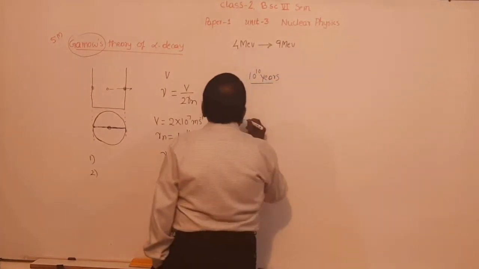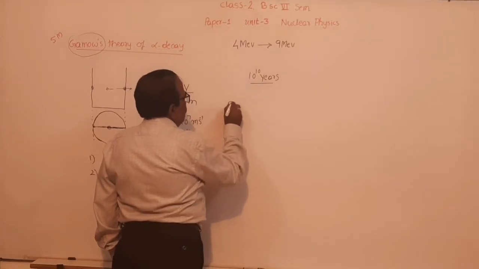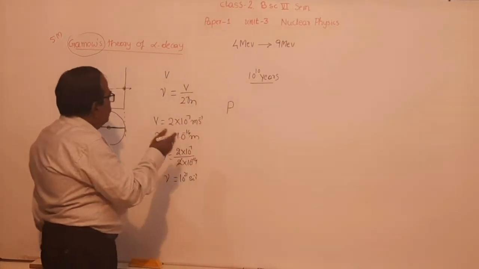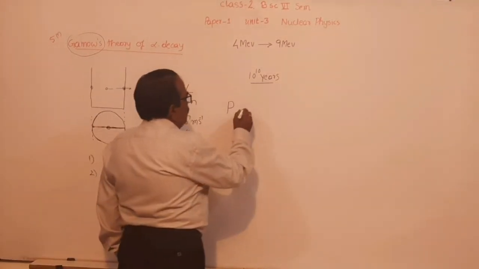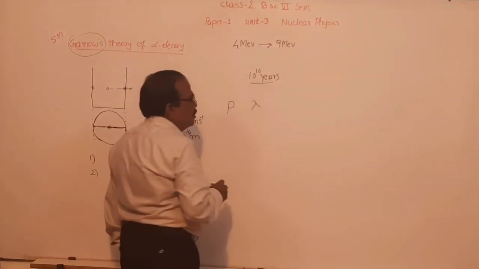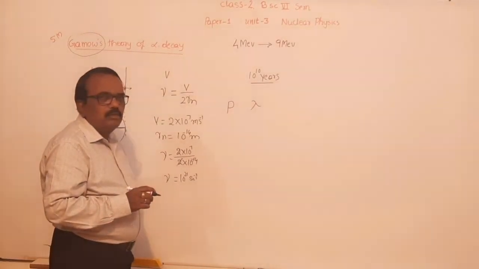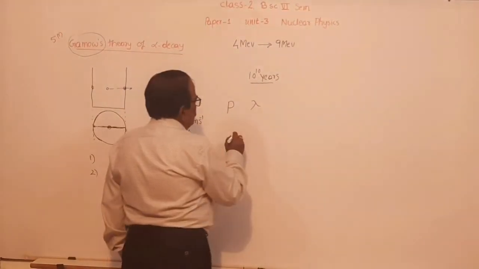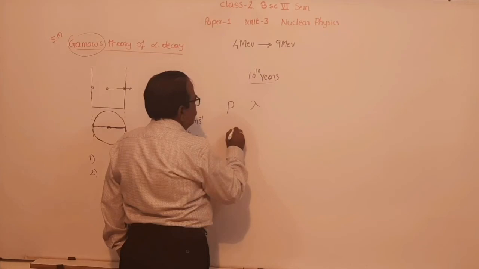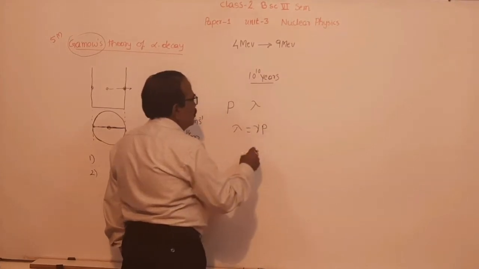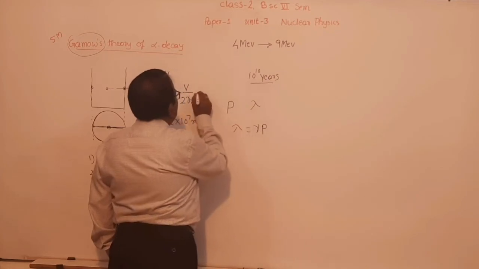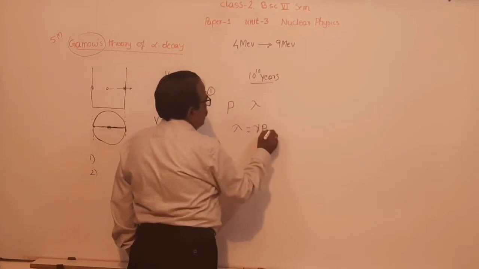Then if P is the probability of transmission of this alpha particle, and lambda is the decay constant, then lambda is equal to nu into P. Call this equation 1 and this equation 2.